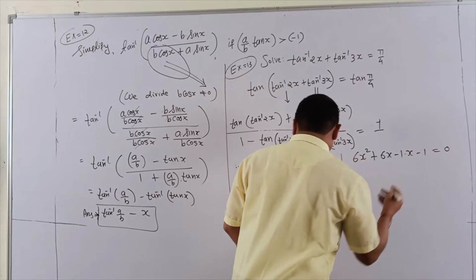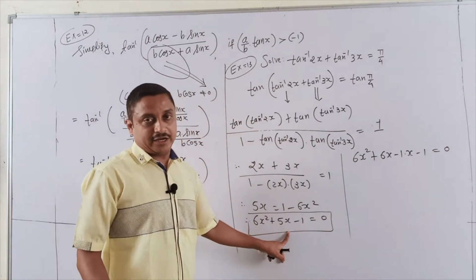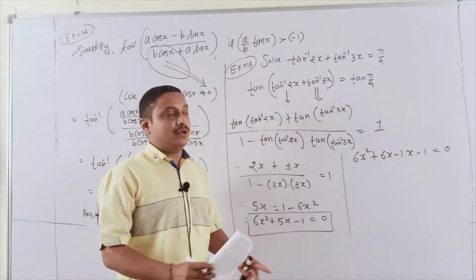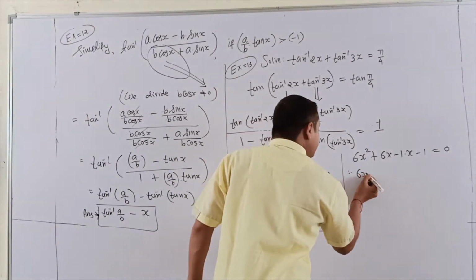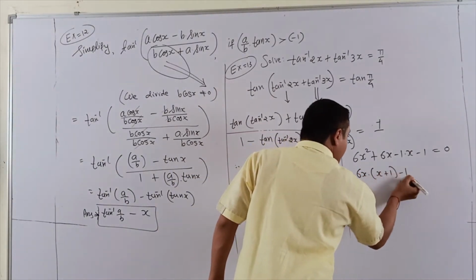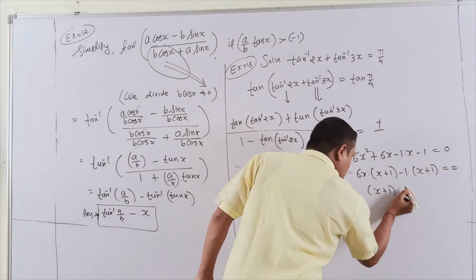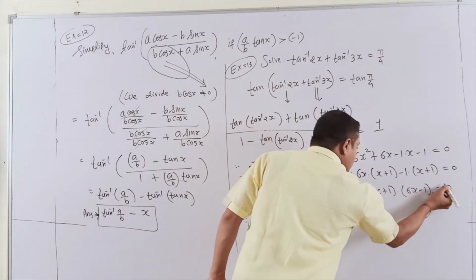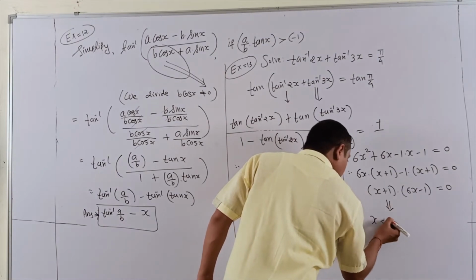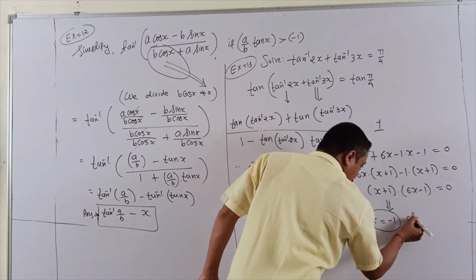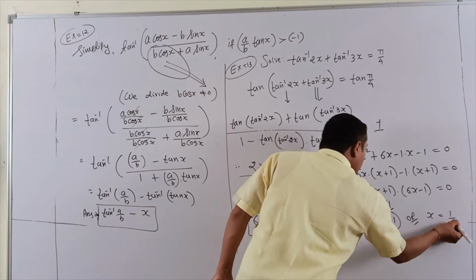Why? You are not taking 3 and 2, because it may be 5 but the minus value doesn't belong. So taking common, 6x into x plus 1, minus 1 into x plus 1. So one answer is x plus 1, the other is 6x minus 1.